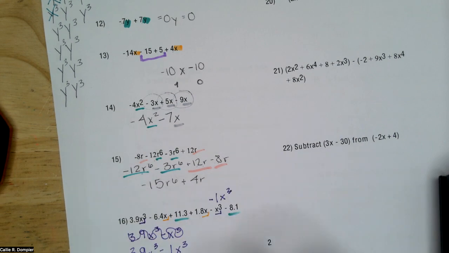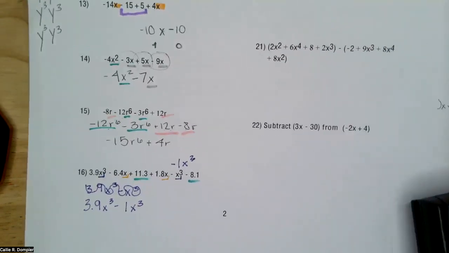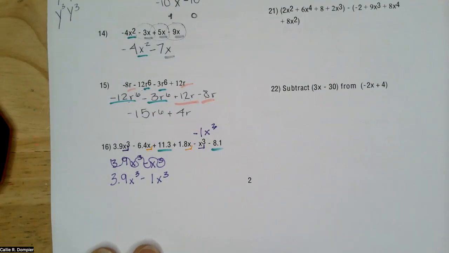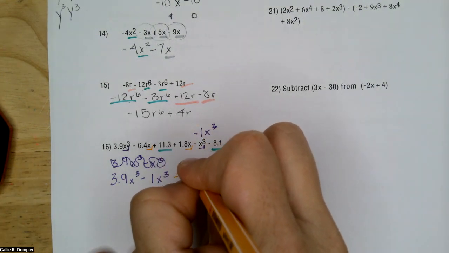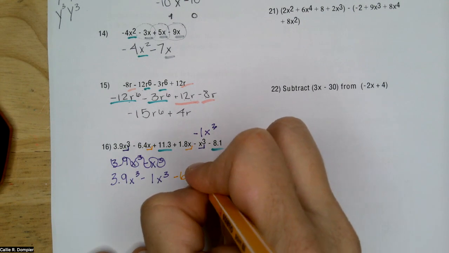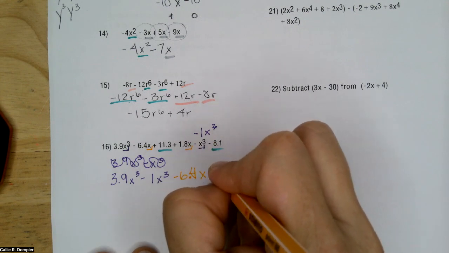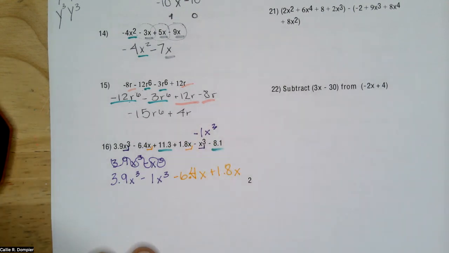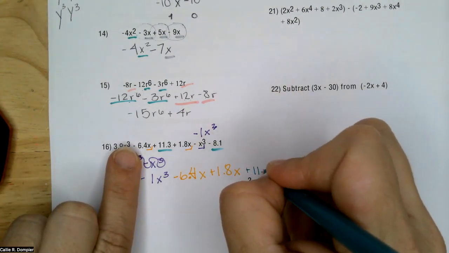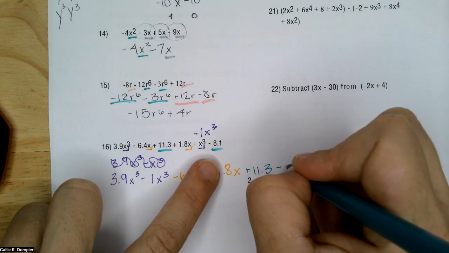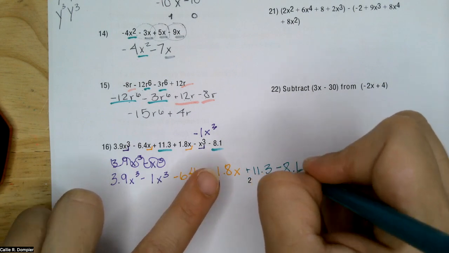I didn't have to cross that out, but I get real messy. Good. Okay. That was the highest degree, degree 3. So I'm going to go to the next highest degree, negative 6.4x plus 1.8x. And then I'm going to go to my constant, plus 11.3, because the constant has the smallest degree, right? Degree 0, minus 8.1.